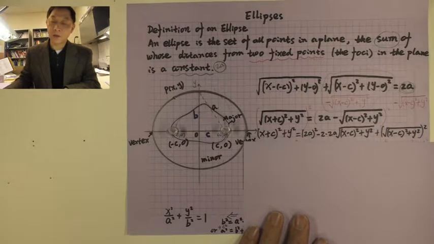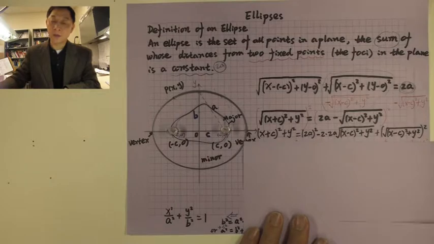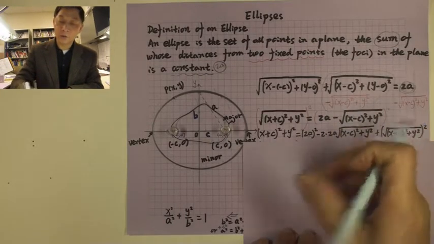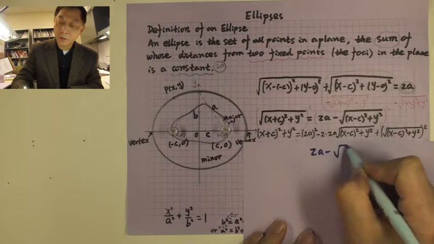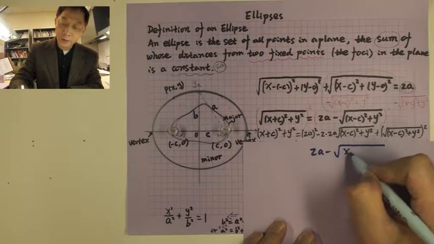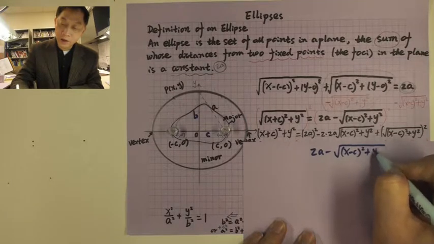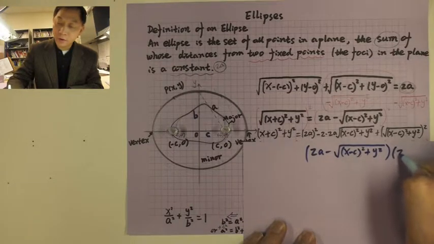That's the hard part. You got to do the FOIL method. Remember, 2a minus radical x minus c squared plus y squared.